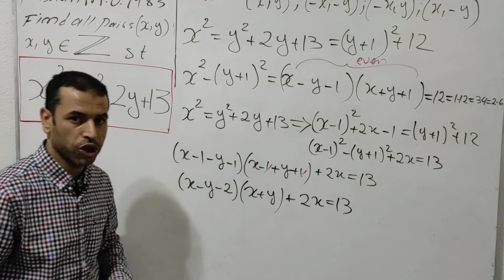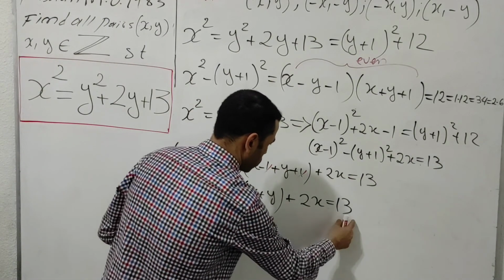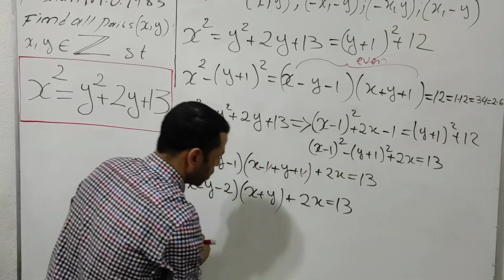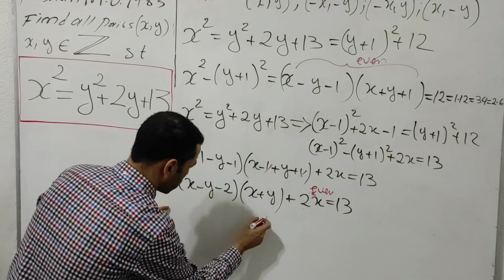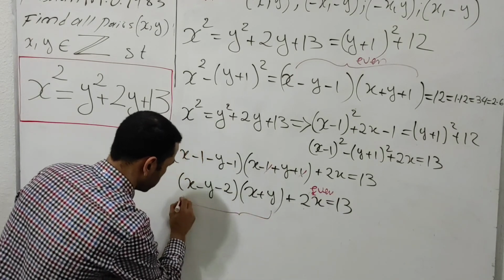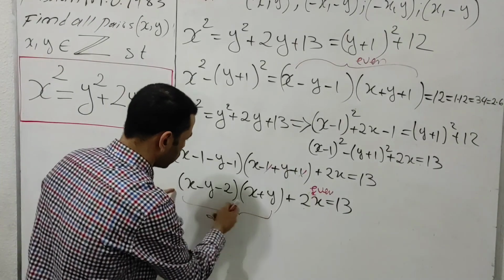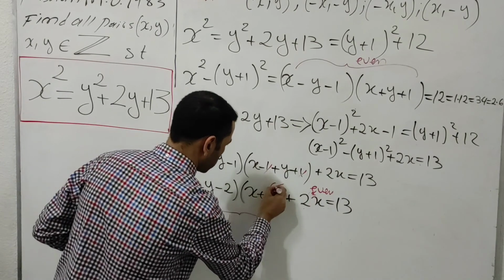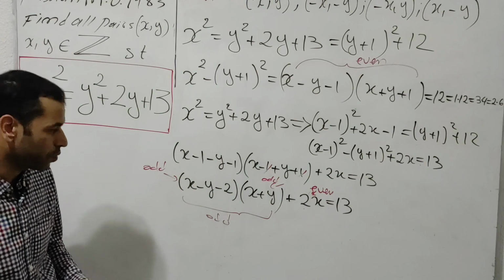Now we are ready to check the parity. 13 is odd, which means the left hand side of this equation is odd as well. Since we know this term is even, that means this term is odd. Since this is odd, both terms are odd, because odd multiplied by odd always gives you odd.